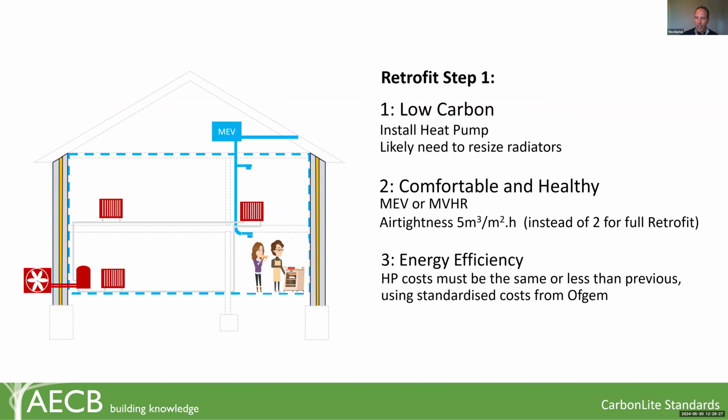So it can't be more expensive. And that may require you to put in some insulation. That's also the driver behind a change in the size of the radiators. Because that also helps.